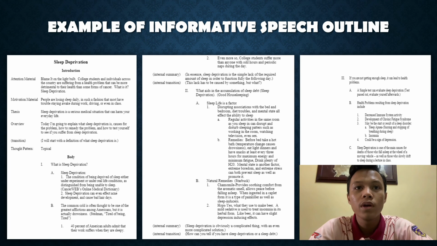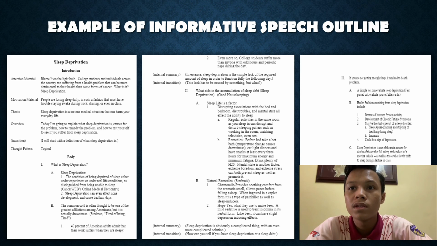Okay, so on the point you state at least 3 about the topic, and then go to the transition from the point to the other point, and then you can see on the conclusion, the overview, the last talk about the topic you talk. Okay, so the example you can see, that's all.